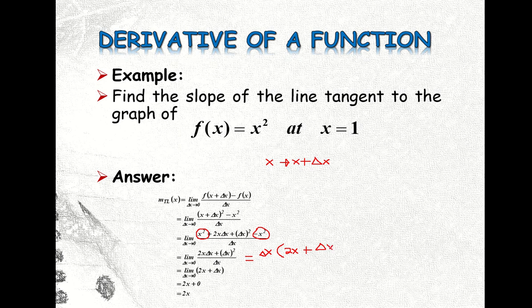This is our new function now, and at the denominator we have delta x. Delta x at the numerator and delta x at the denominator, so you can divide, and that becomes 1.